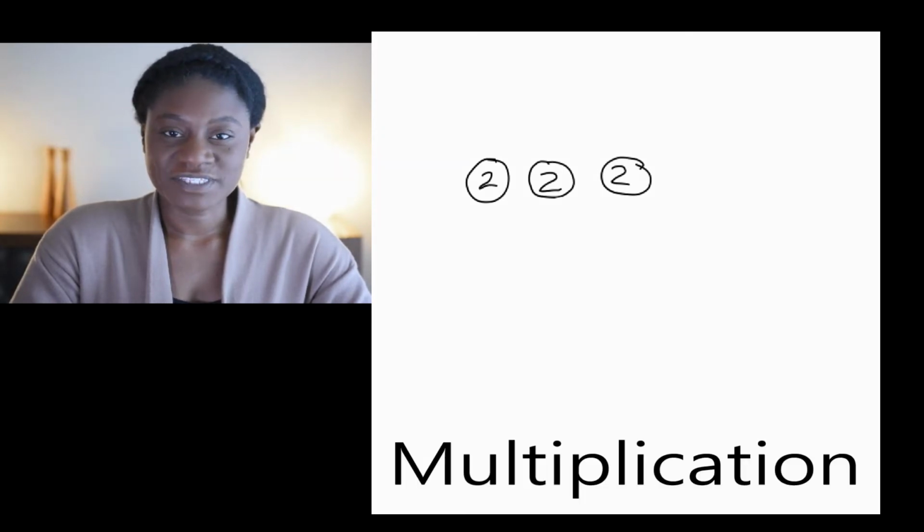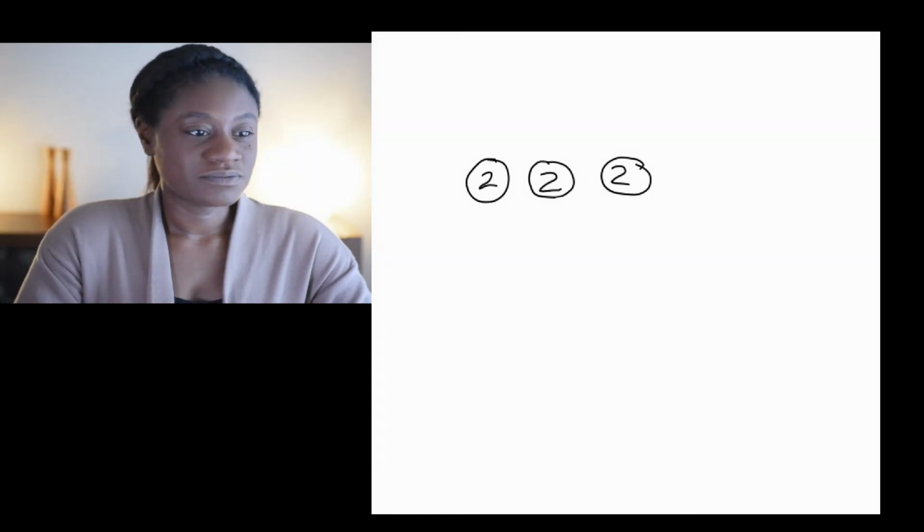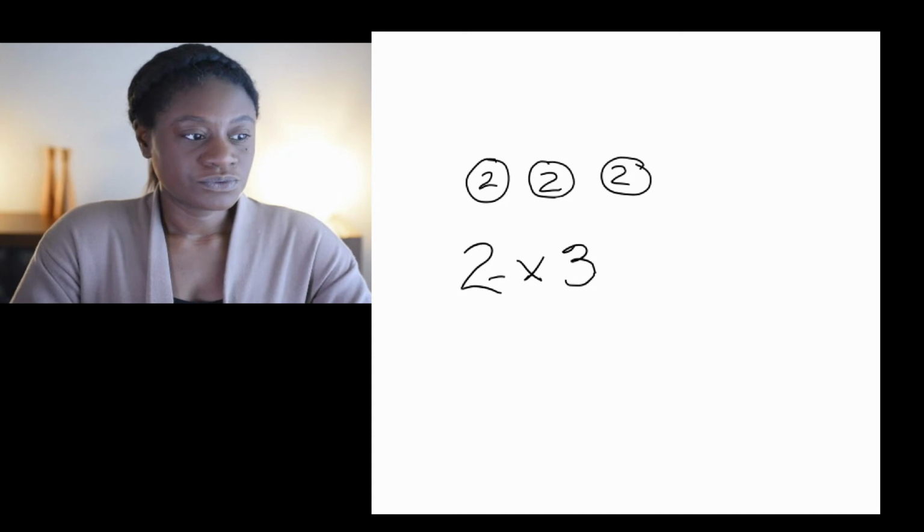Now, we've learned that a quick way of adding up multiple numbers that are the same is to use multiplication. So we can then do 2 times 3. We have 2 plus 2 plus 2.